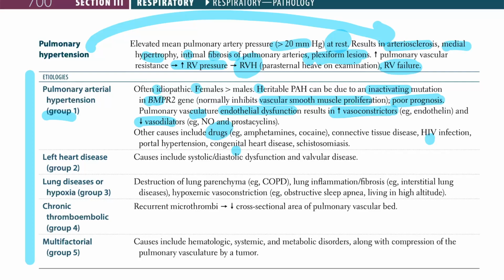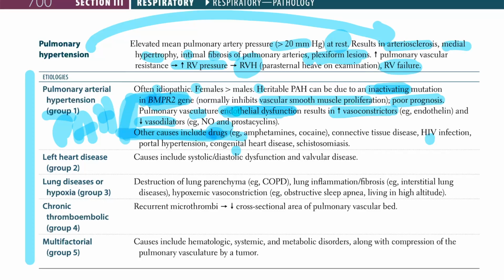Okay, so what was the most important thing? That was your inactivating mutation in your BMPR2 gene. What could be any other factor? It could be anything, drugs or infections. But what's happening in your pulmonary arterial hypertension is specifically that you have endothelial dysfunction due to either these causes or a genetic mutation.